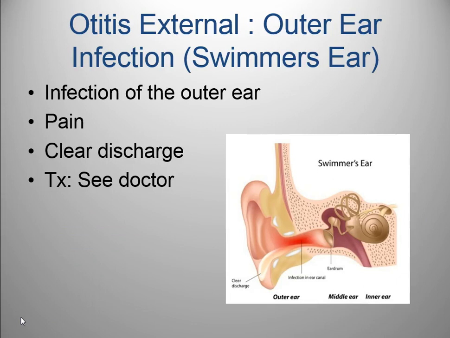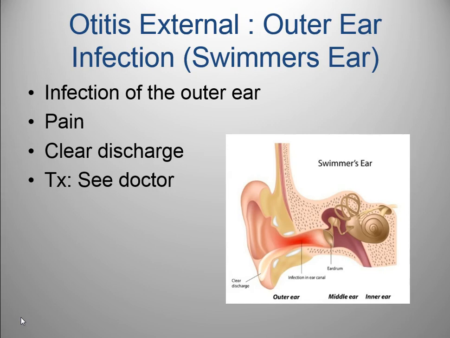Here's another common injury that we see mostly in swimmers: otitis externa, which is an outer ear infection, or what we call swimmer's ear. So a lot of the time there's an infection in the outer ear. There's pain, there's clear discharge.